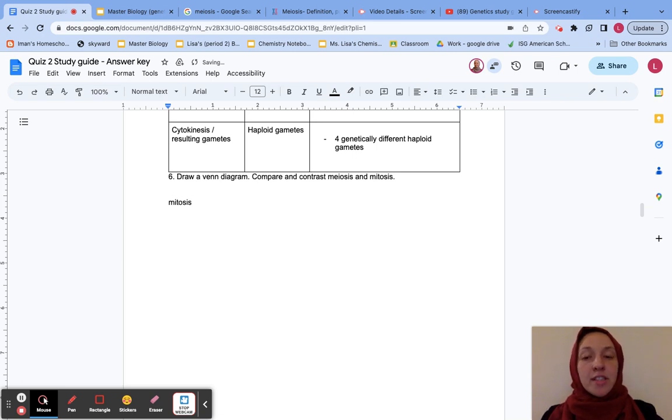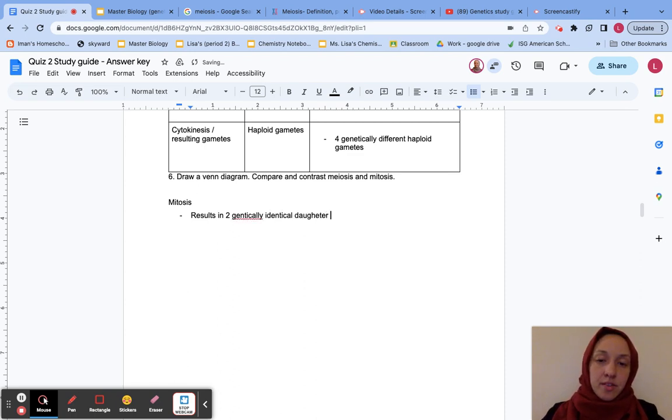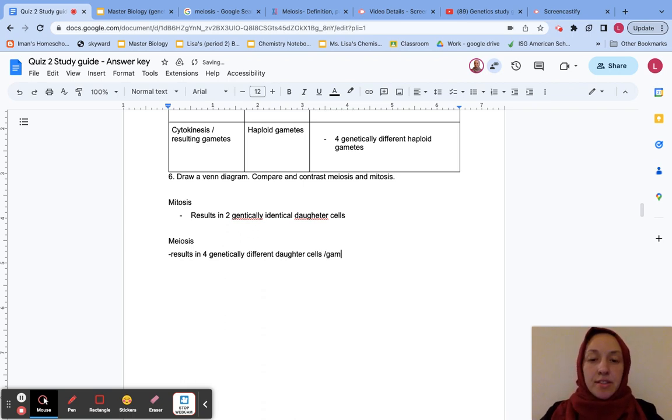Mitosis, it results in what? Two genetically identical daughter cells. This is different than meiosis because meiosis results in 4 genetically different daughter cells, or gametes.